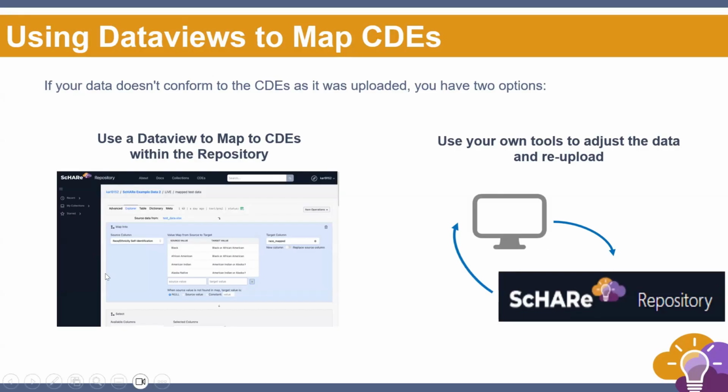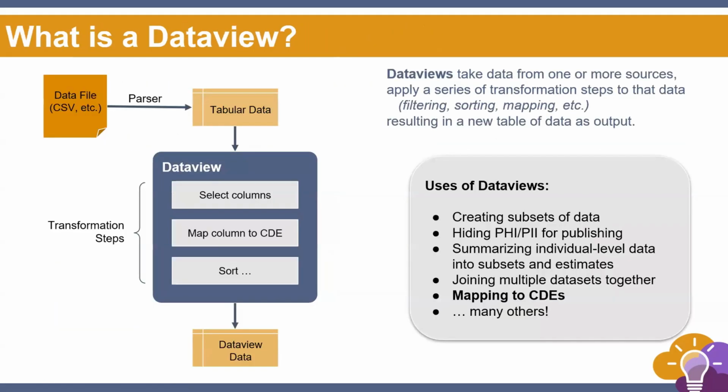So I'm going to show you how to use the data view. First, I'm going to explain what a data view is. Then I'm going to show you how to use a data view to map CDEs and later aggregate data. Data view is a feature that allows you to take raw data such as CSV files and apply different transformations, including sorting, mapping to CDEs, and other options.